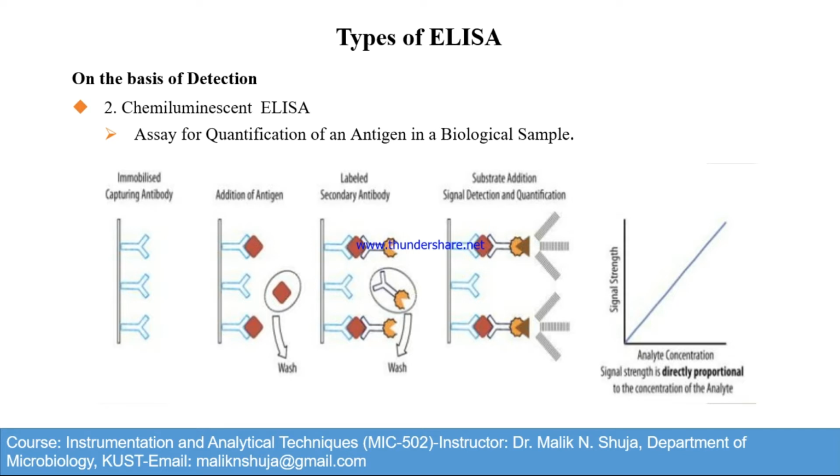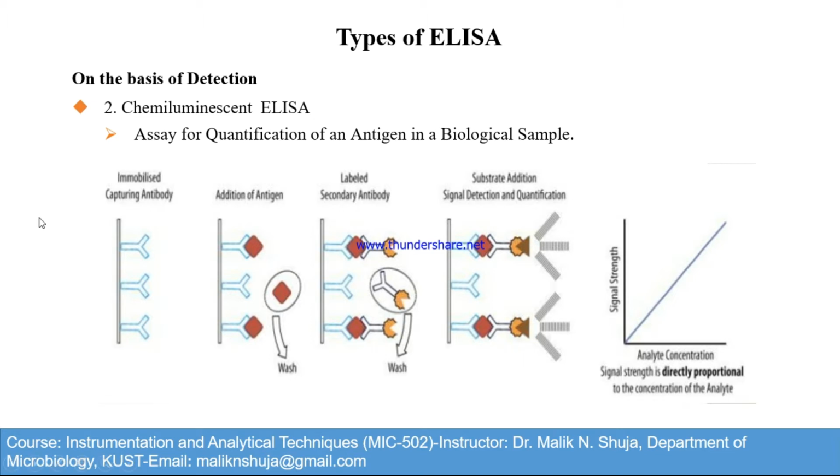Depending on the type of assay, either color or light is produced. In this case, the reaction can be measured by a plate reader. The degree of light emitted indicates the amount of antigen or analyte in the sample. This elucidates the direct proportionality of signal strength to the concentration of antigen present in the biological sample.